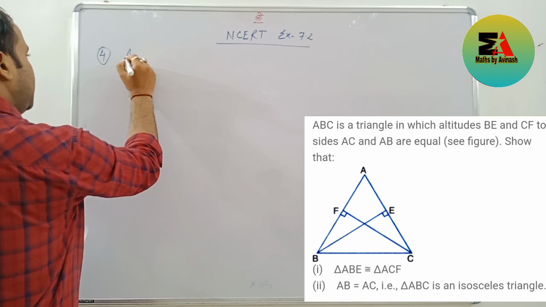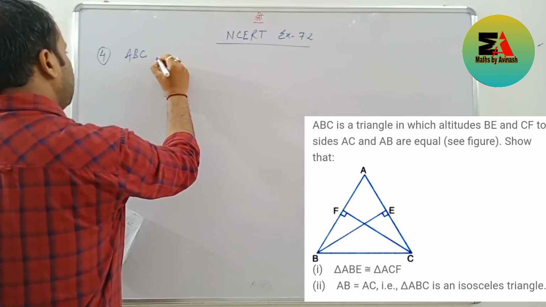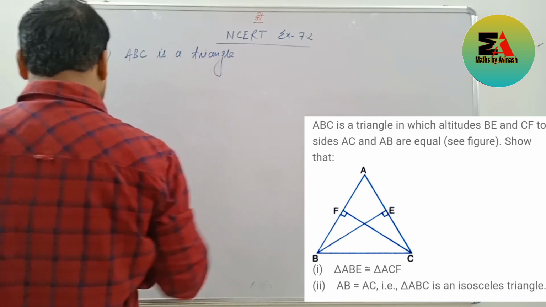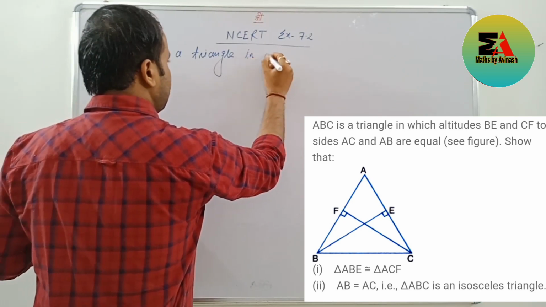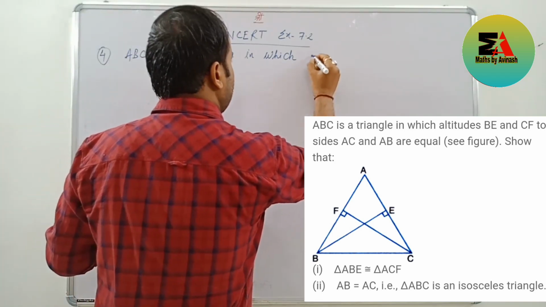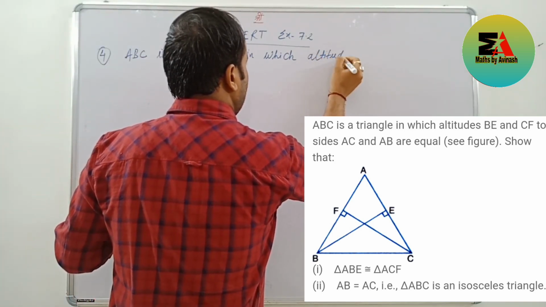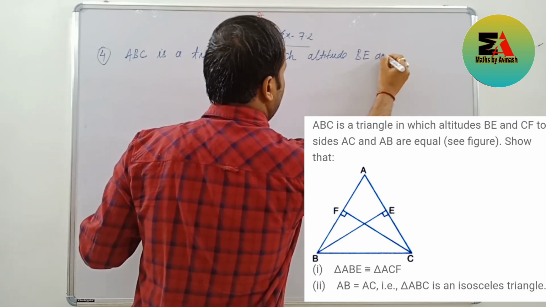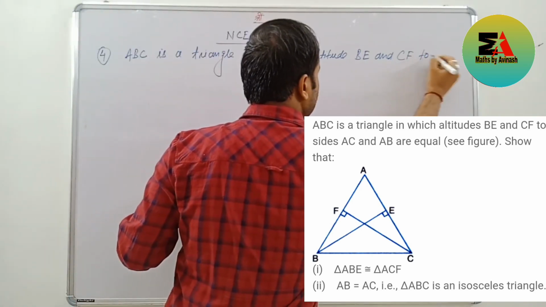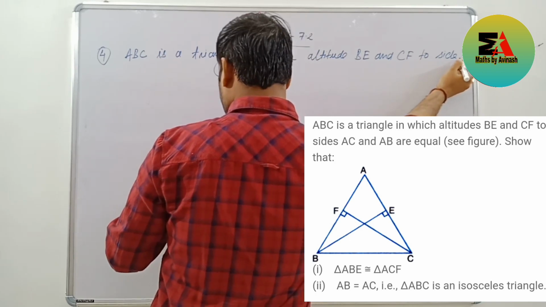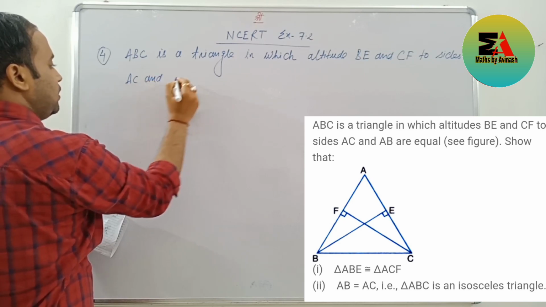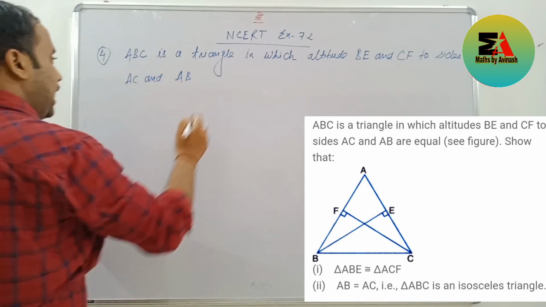Our question is, ABC is a triangle in which altitudes BE and CF are equal.